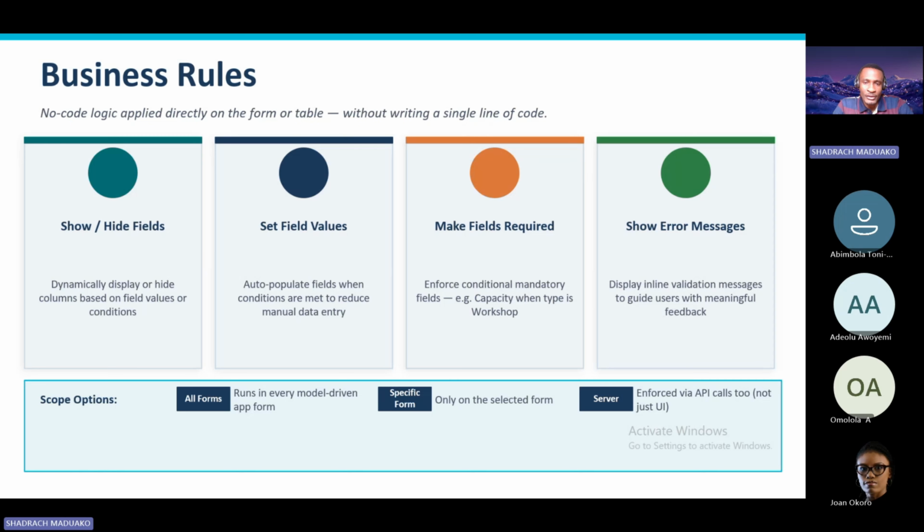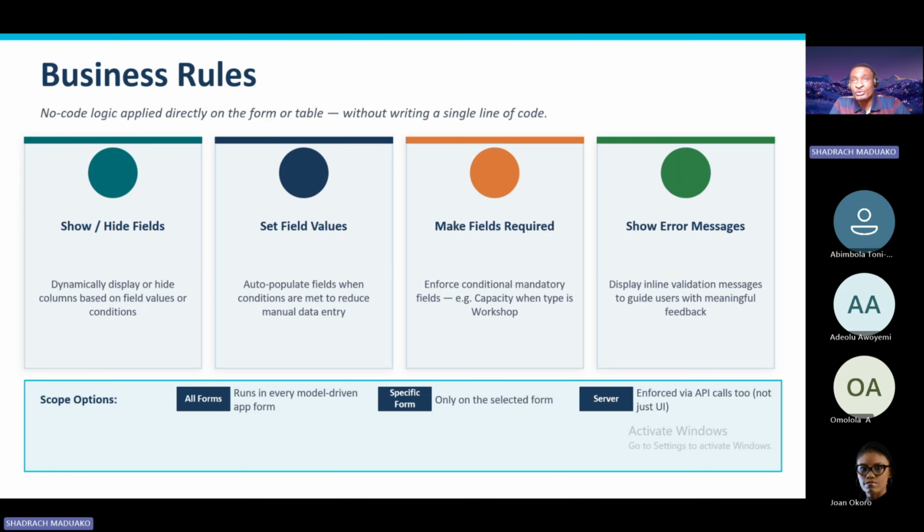When you create a field and you add it to the form, there are some fields that are required, which means that you must input a value in that field before you save the form. There are some that are not required. You can leave them empty. So if you don't want to set that attribute at the field level, you can also make a field required based on a specific condition using business rules.